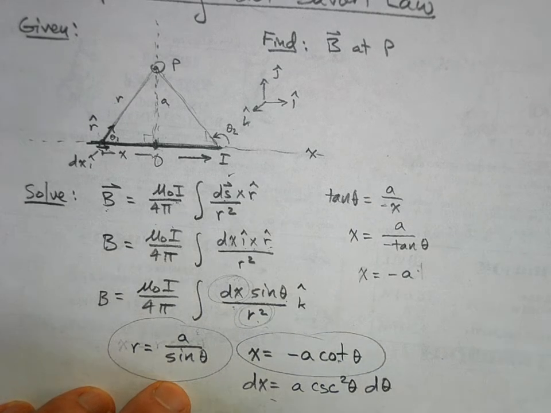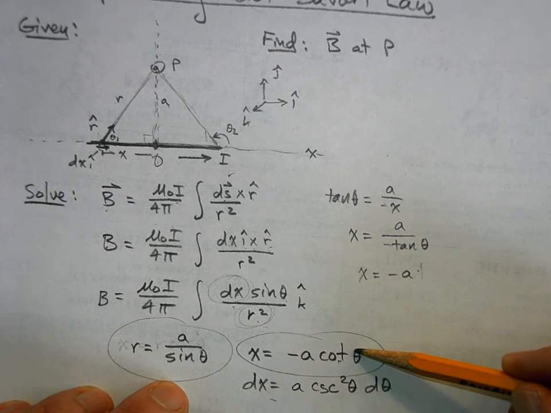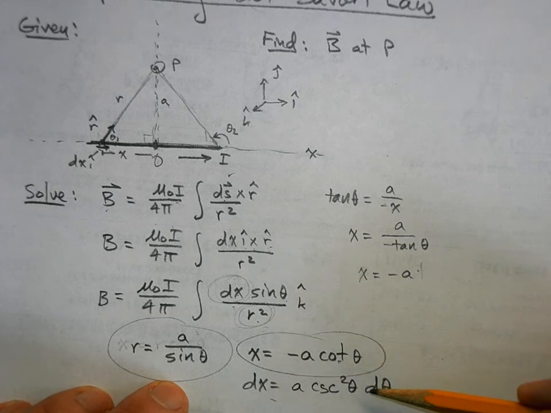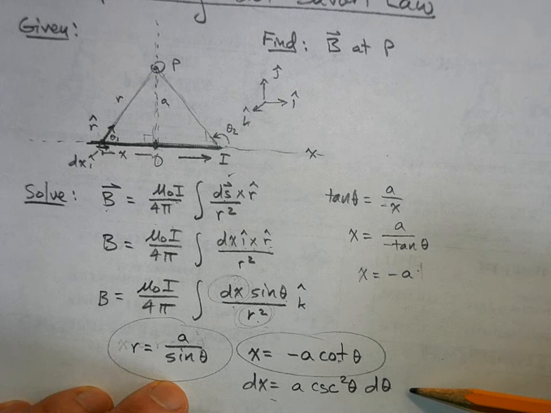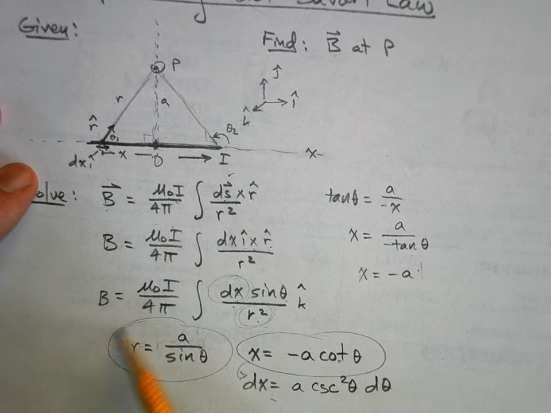If you don't believe me, just look up the derivative of cotangent. You get negative cosecant squared theta. Just believe this.